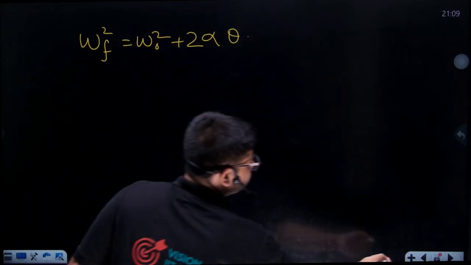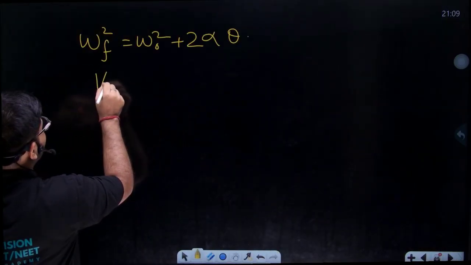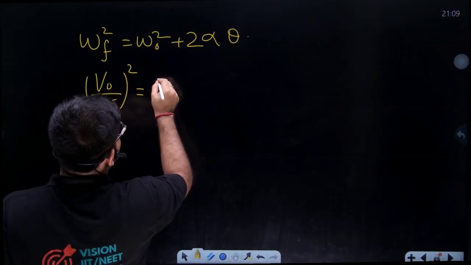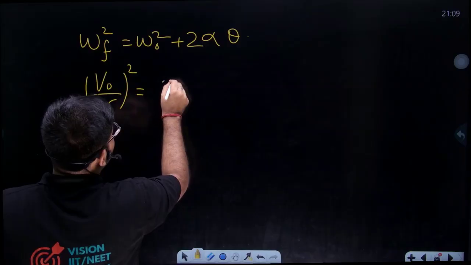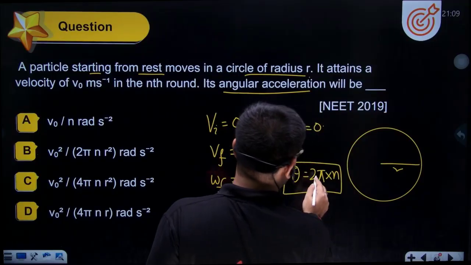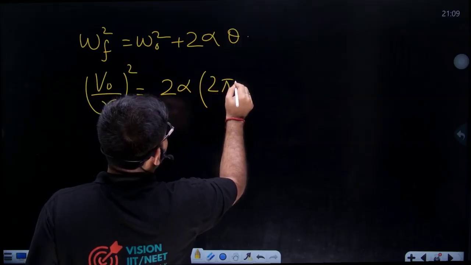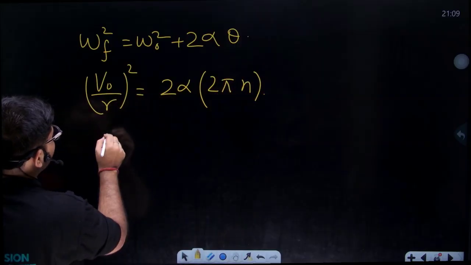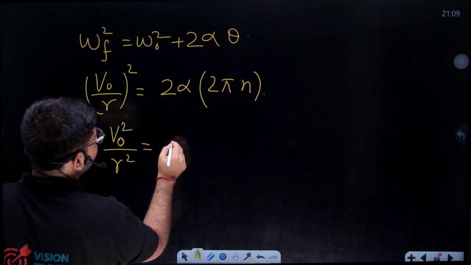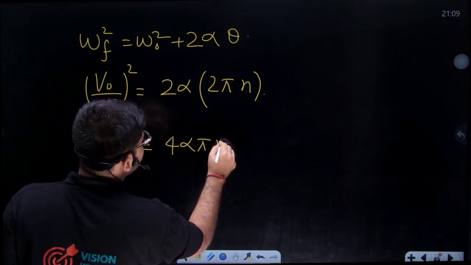तो ये इसका वैल्यू कितना रहा, what is this, v naught by r. So I can write v naught by r whole square is equal to, this is 0, plus 2 alpha, and how much was my theta, theta was my 2 pi into n. Okay, so from here you can say that v naught square by r square is equal to 4 alpha pi n.